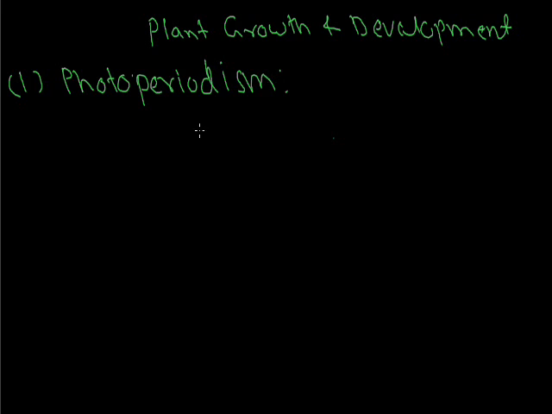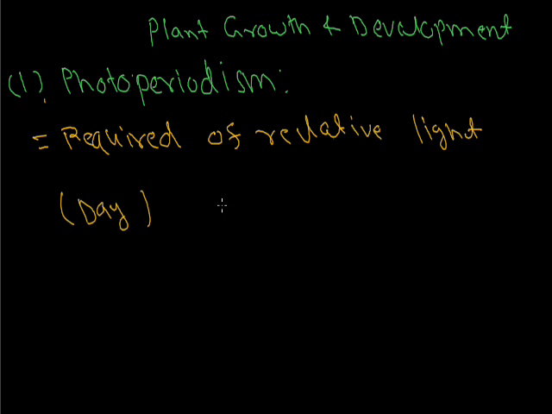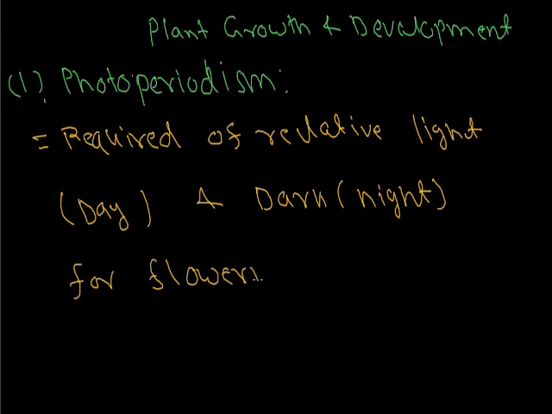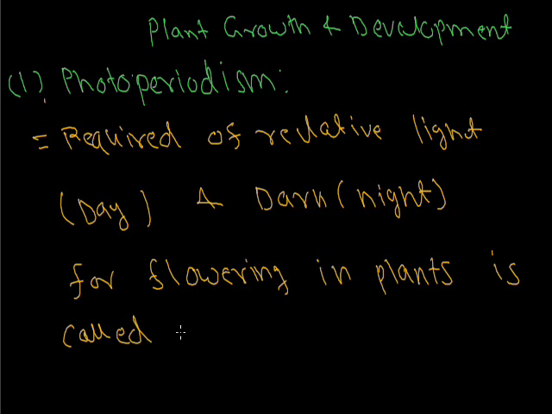Okay, what is photoperiodism? The requirement of relative light day and dark night for flowering in plants is called photoperiodism.